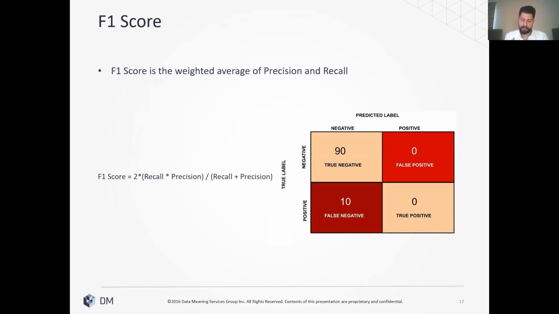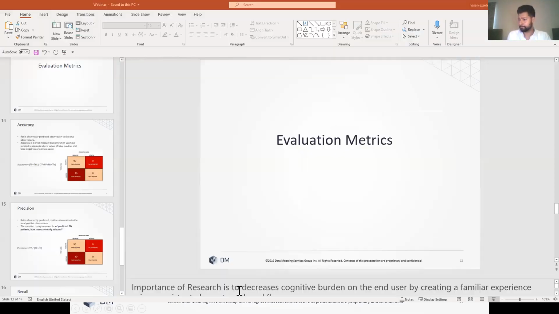Of course, the higher the F1 score, the better the model is at predicting and not being biased toward a certain prediction.